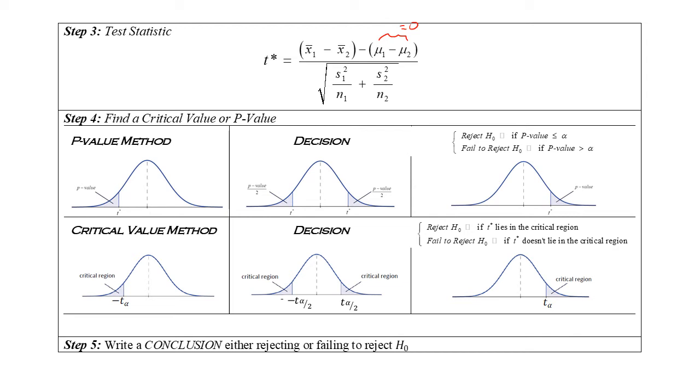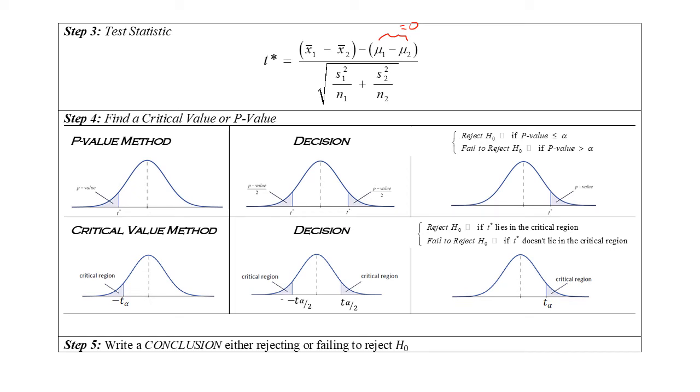And based on the type of alternative hypothesis we're using, we're going to have a left tail, a two tail, or a right tail. And then the decision we make will follow the usual choice that we're making. If the p-value is less than or equal to alpha, we reject the null hypothesis.